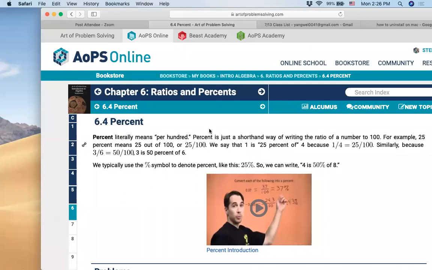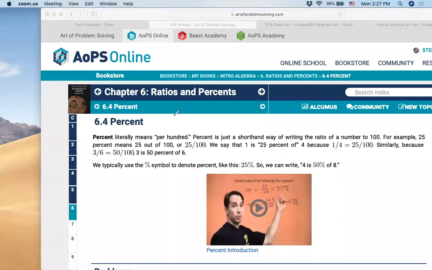So now let's go to this section 6.4. This is percent. Percent actually is very easy. Percent is a ratio, but with the denominator 100. Say 25%. Usually we write percent like this, 25%. This one just equals 25 divided by 100.